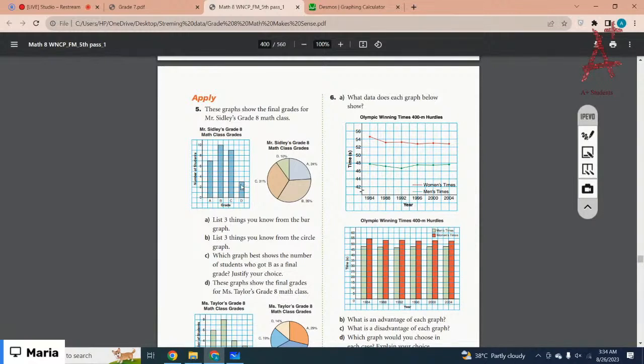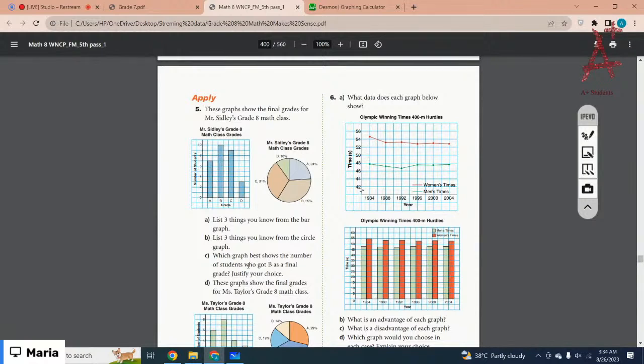Only three of them got D grade, and there you have more B grades than C grades, right? From here you can see less than 25% got A grade, only 10% got D grade, and more get B than C.